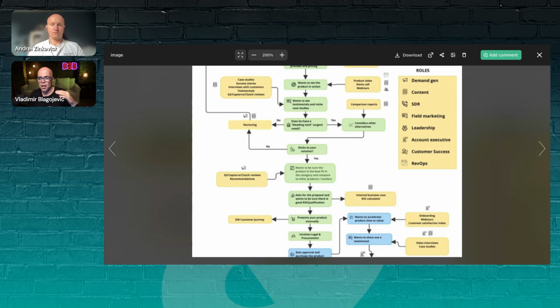For each step, I would also advise you to note down, based on all these notes, what were the questions that they were asking themselves, what information they were trying to find out, and potentially also if they had any concerns or doubts, usually in the later steps of the buyer journey.